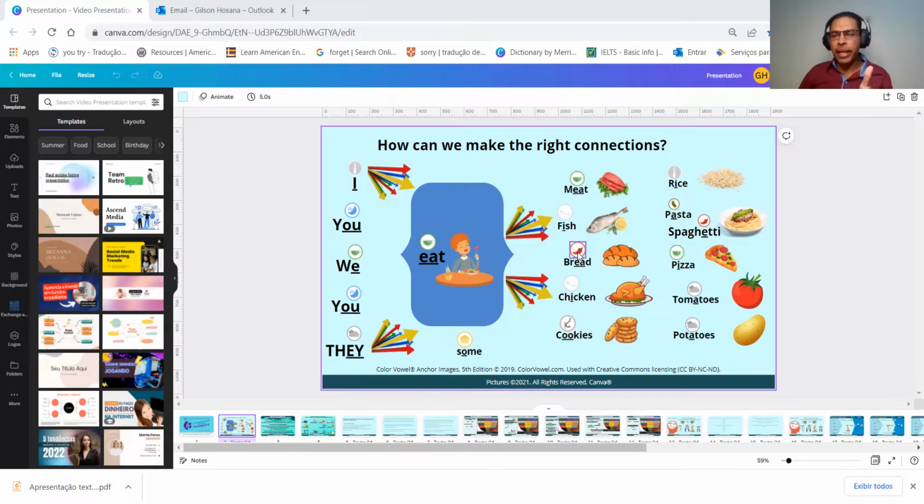Then pay attention here. Bread, we have the icon red pepper, please. Red pepper, eh. Now we have the word red pepper, bread. Red pepper, bread. Oh, that's okay. I eat bread.